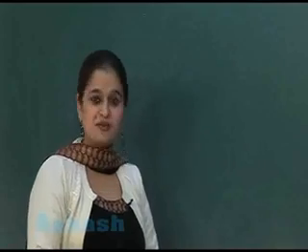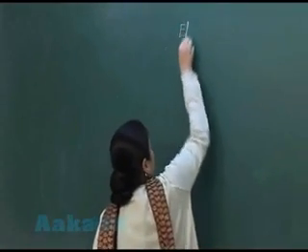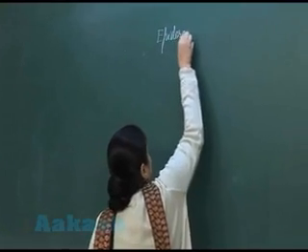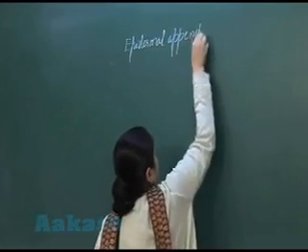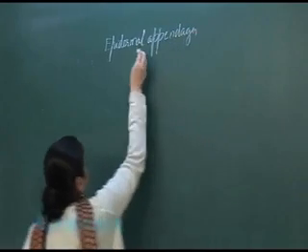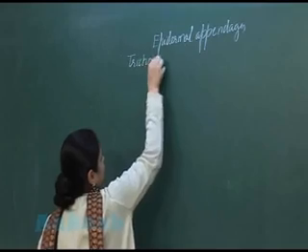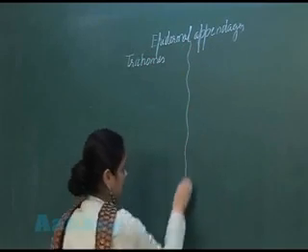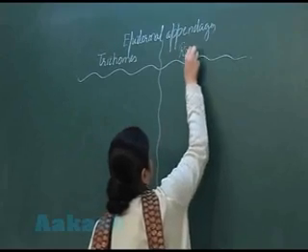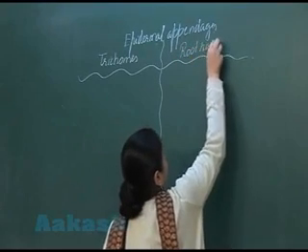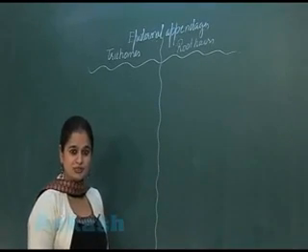Now the two kinds of epidermal appendages I will be dealing with here are trichomes and root hair. So let's start with the root hair first.